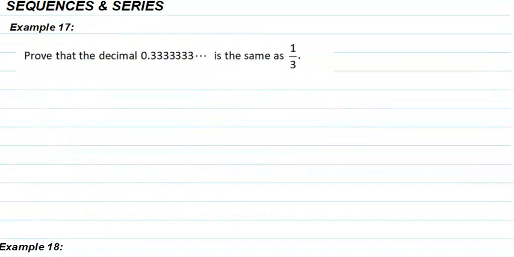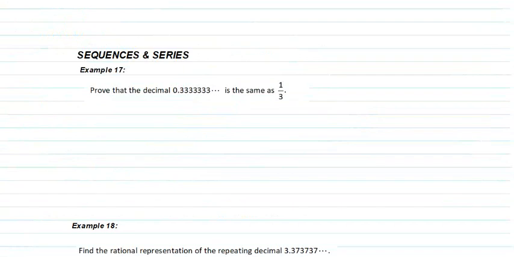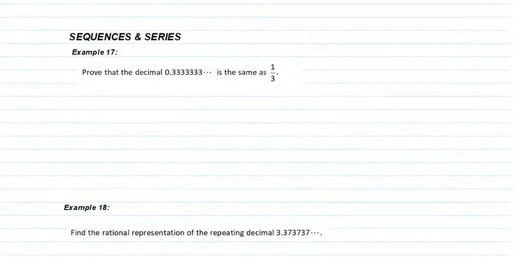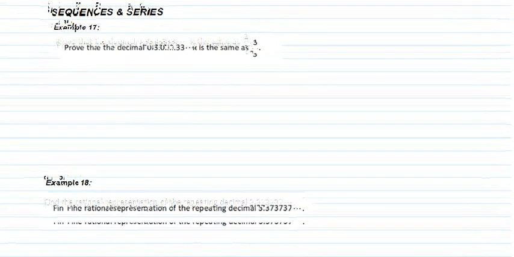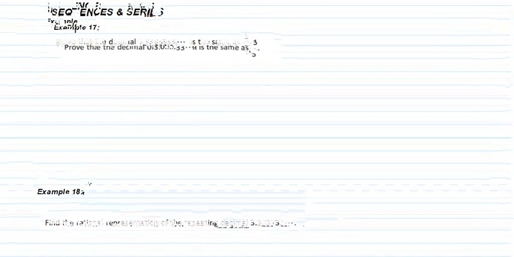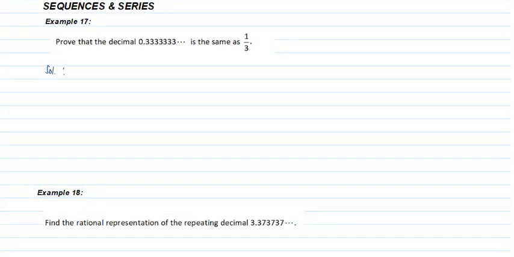Let's say, for example 17, prove that the decimal 0.3333, it's non-terminating, is the same as 1/3. So what you are going to do first is, of course, we are going to express our decimal value as a series, because we have to add up all of these values and then end up with a specific value, which is 1/3.